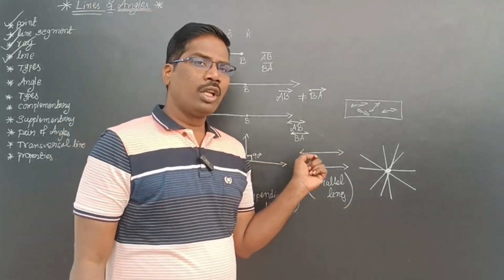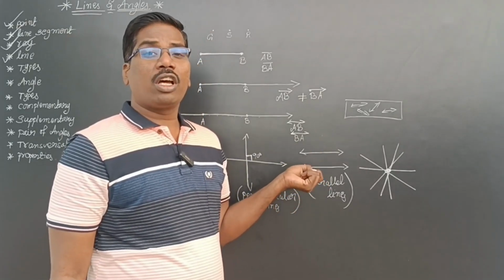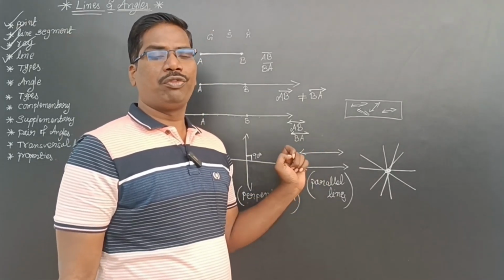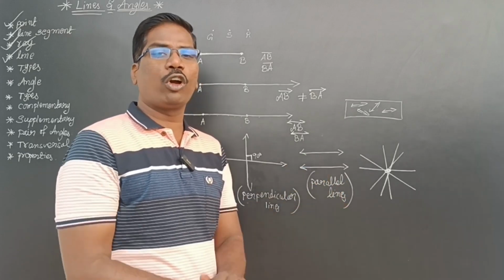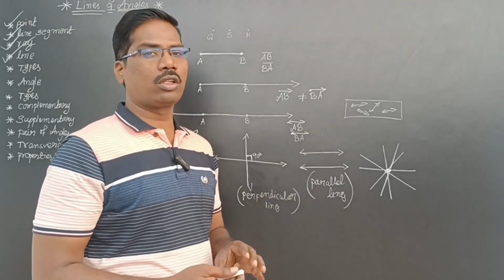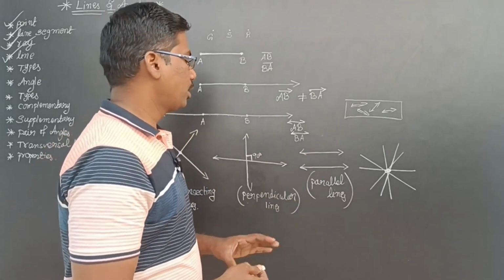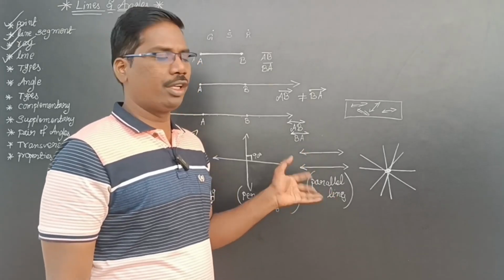Otherwise, you can say if two lines are not meeting at any point, or have no common point, then the two lines are called parallel lines. Example, railway tracks. The railway tracks will not meet anywhere, isn't it?